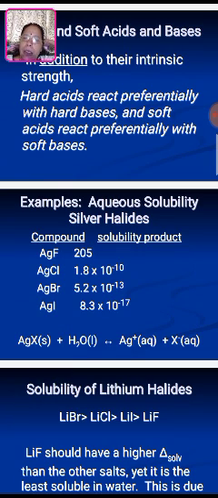In this case, silver is the same metal which bonds with the halogen according to size. See, silver fluoride whose solubility product is 205, and silver iodide it is 8.3 times 10 raised to minus 17.